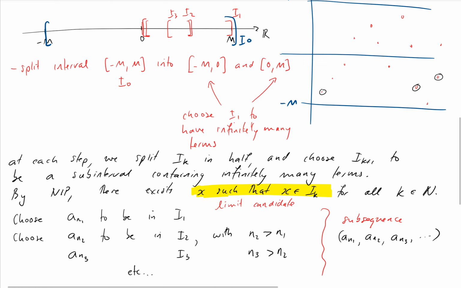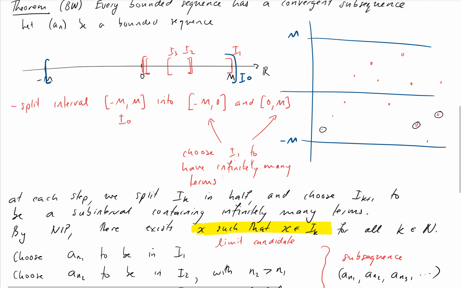What else do we need? We don't really need anything else. We just need to now go and show that this subsequence converges to our limit x. So we've designed a subsequence, we have produced a candidate for its limit, and now we need to use the definition of the limit to show that it converges.